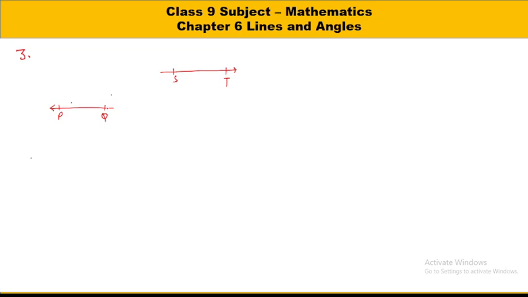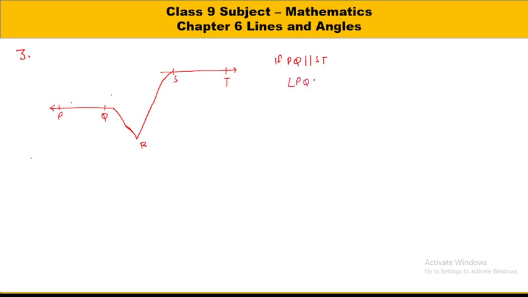So line PQ. Then here the figure which is given. This line PQ is further extended to R, and from point R, S is joined. Now as per the question, what is given is that PQ is parallel to ST. PQ line and ST line are parallel to each other.